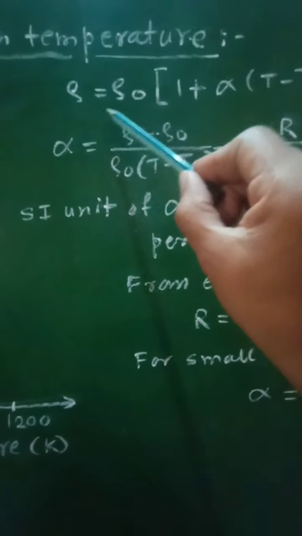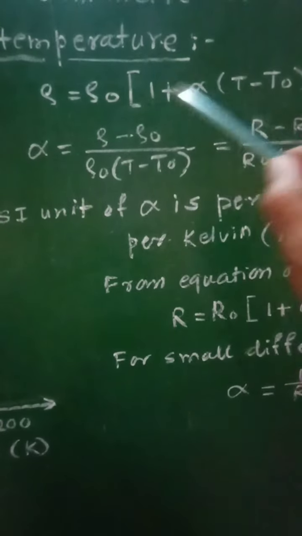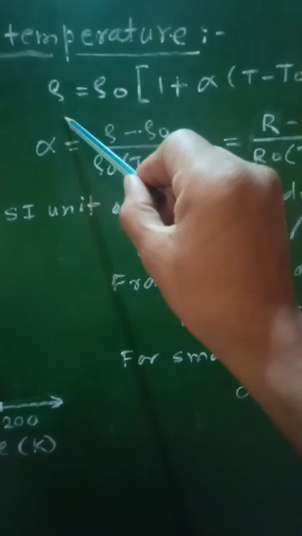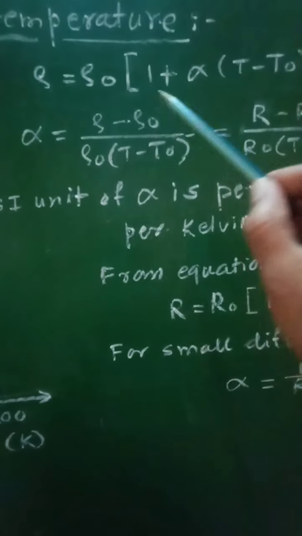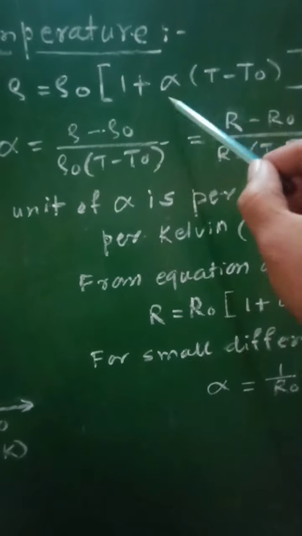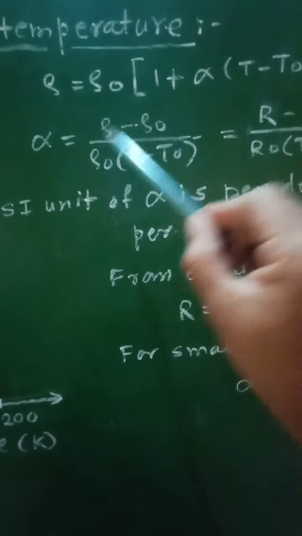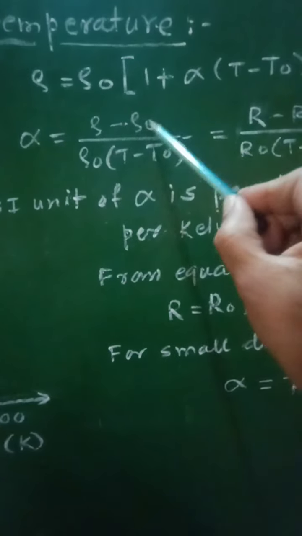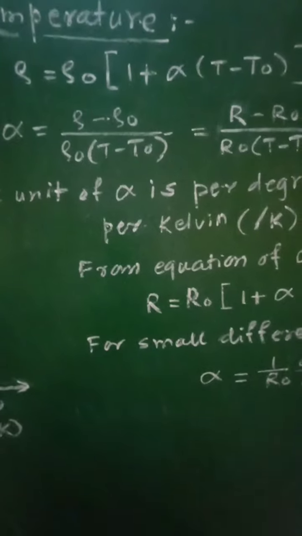So from this equation, we multiply rho 0 into the two terms, then take this rho 0 to the left, so it becomes minus, giving rho minus rho 0, and what is left is rho 0 alpha into T minus T0. Therefore the expression for alpha will be rho minus rho 0 upon rho 0 into T minus T0.